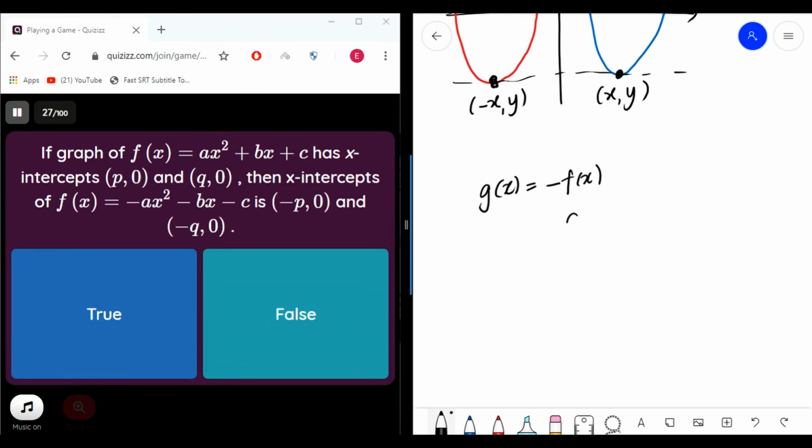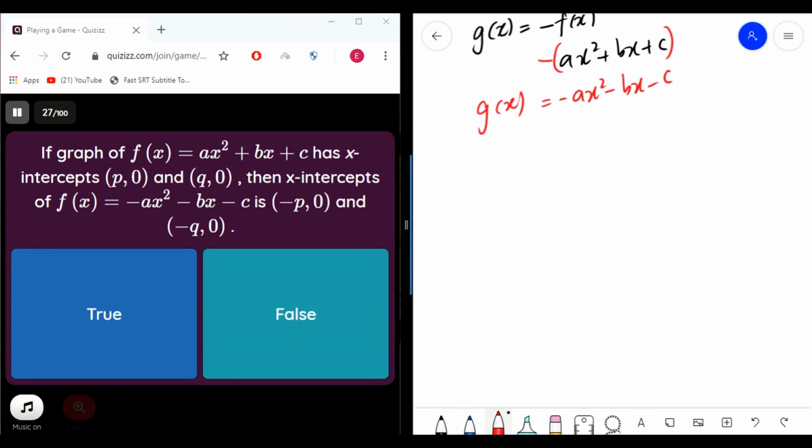Right, because f of x is ax squared plus bx plus c. When we take a negative in front, it will become negative ax squared minus bx minus c, which is the same as g of x. What does it mean? It means reflect on the x-axis.